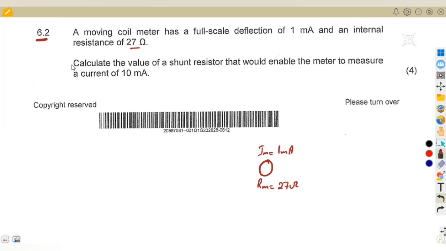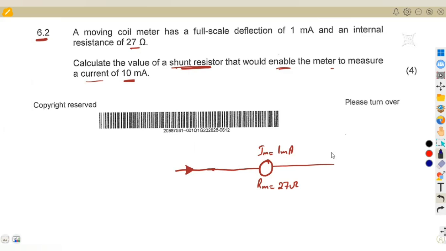So the question is to calculate the value of the shunt resistor that would enable the meter to be used to measure 10 milliamps. The shunt is connected in parallel. From the meter here, we are going to have our shunt resistor connected in parallel. So there's 10 milliamps now entering our circuit instead of 1 milliamp.